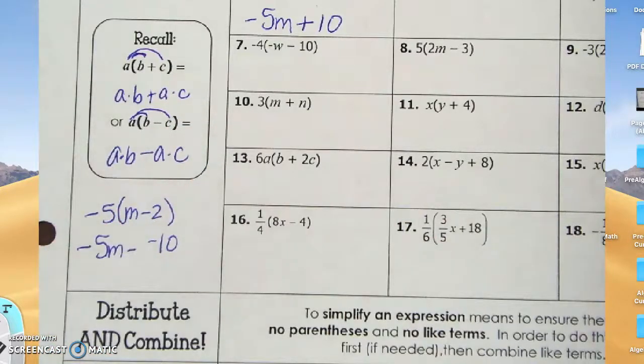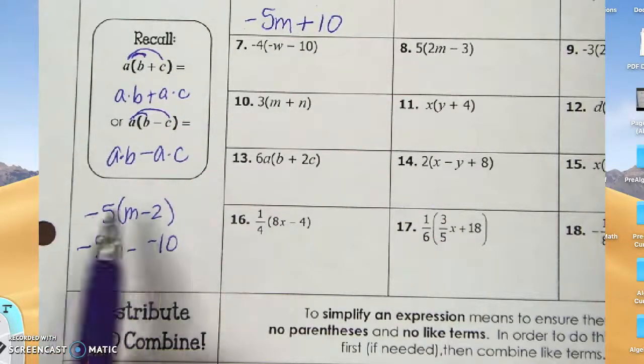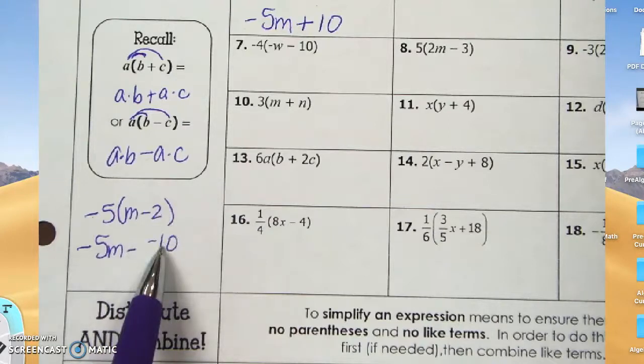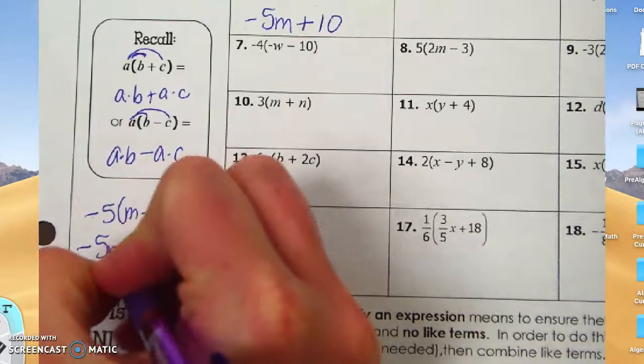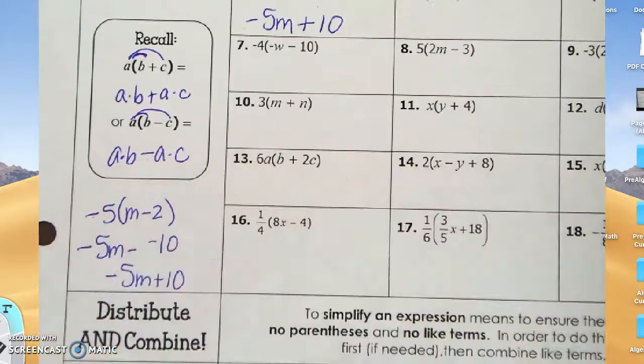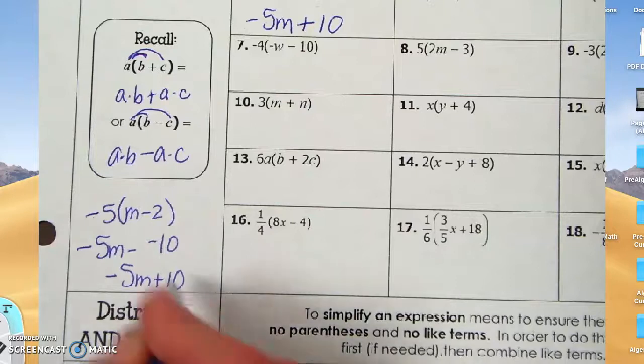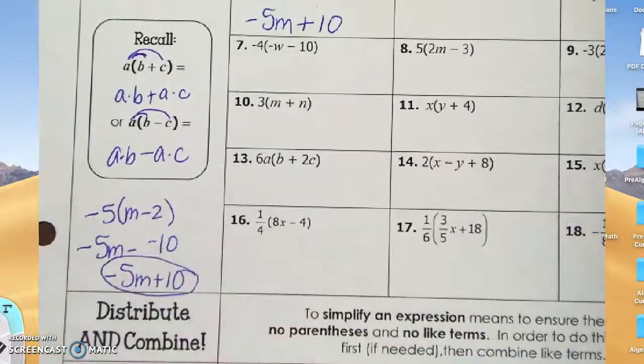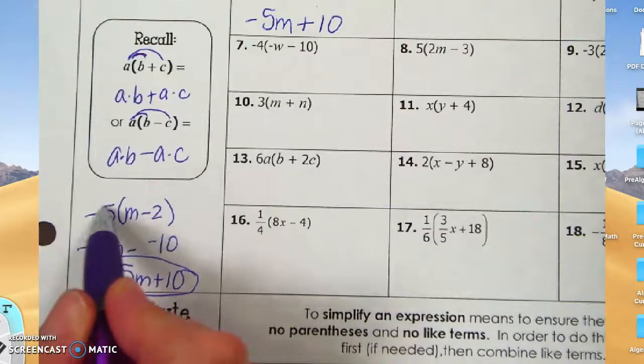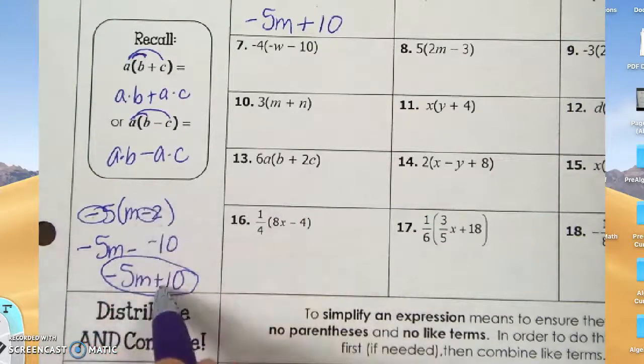So if you just want to bring down the minus sign and then do negative 5 times 2 to get negative 10, that's fine. But then you do have to take the extra step to change your minus a negative into plus a positive, or just a plus sign. You can only have one sign at a time. So that's why I want you to get into the habit of seeing a negative here and a negative here makes it a plus sign.